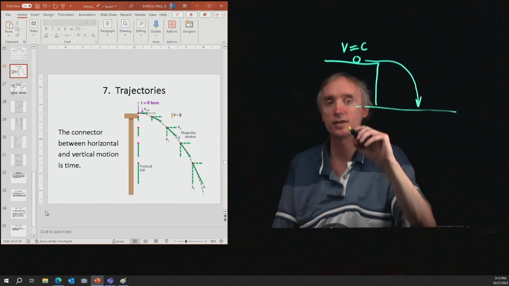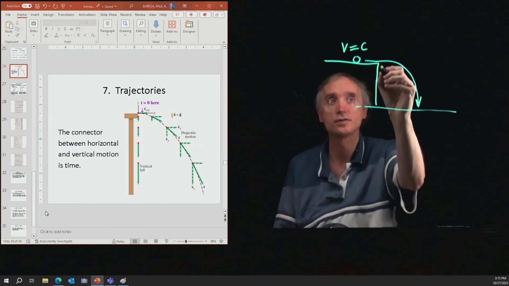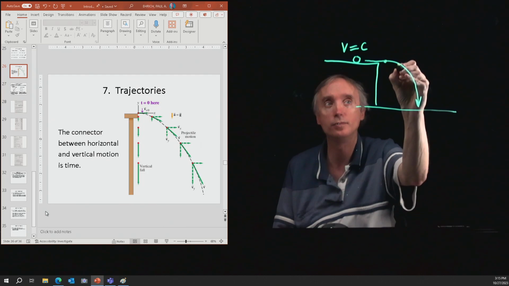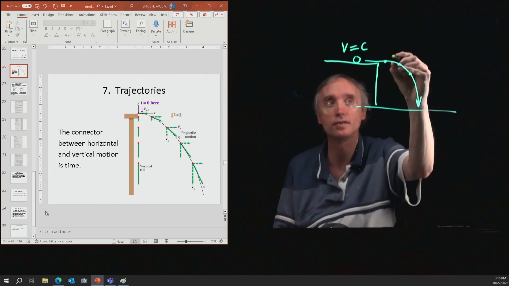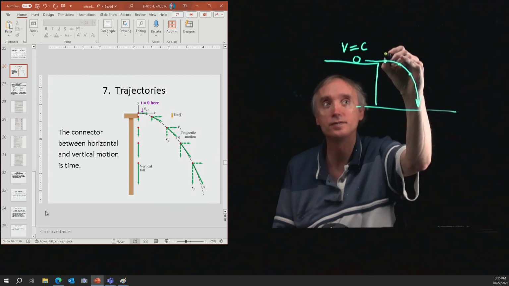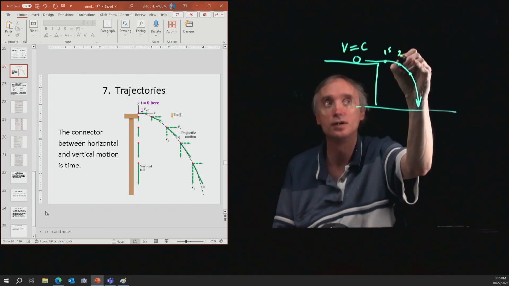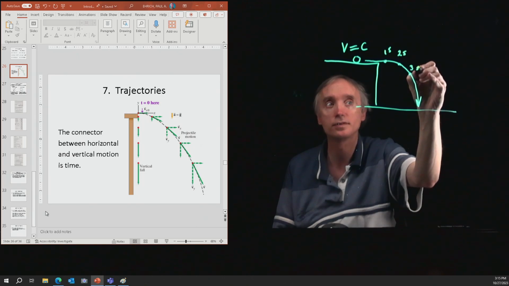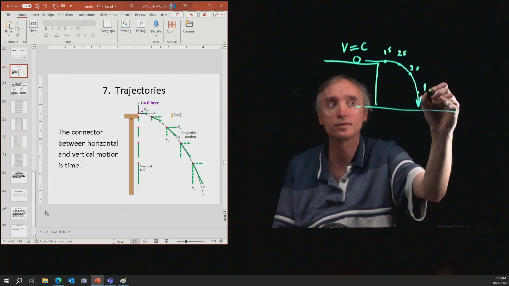Well, let's take snapshots of what the ball is doing. So the ball might be here, and then the ball might be here, and then the ball might be here. So let's say that this is like 1 second after it rolls off the table, and then this is 2 seconds, and then this is 3 seconds, and then down here is 4 seconds.